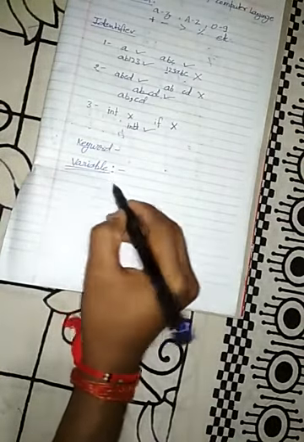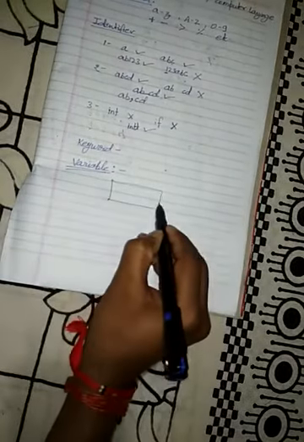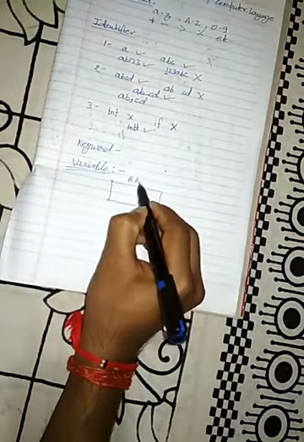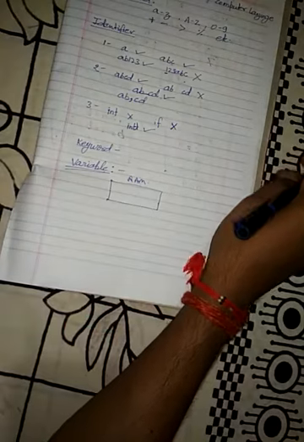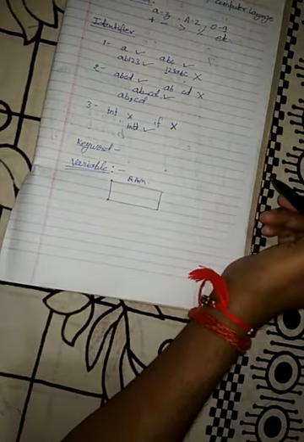It is like this. Suppose this is my RAM. You know this RAM, random access memory. This is a primary memory and it is also considered as temporary memory.